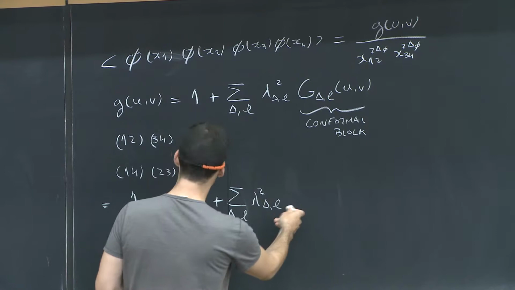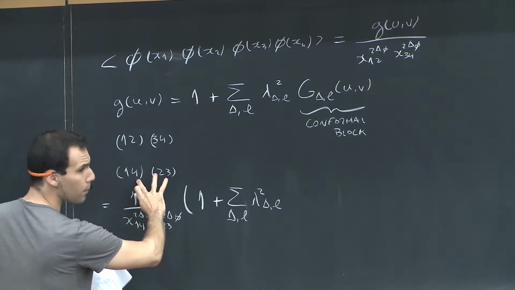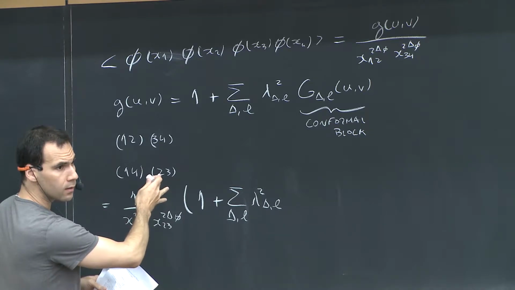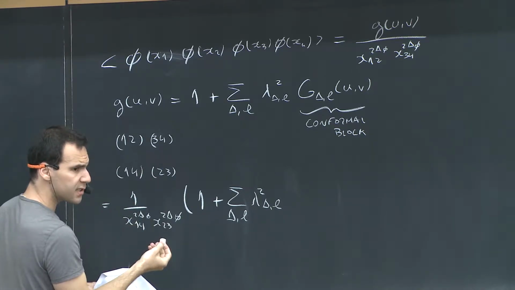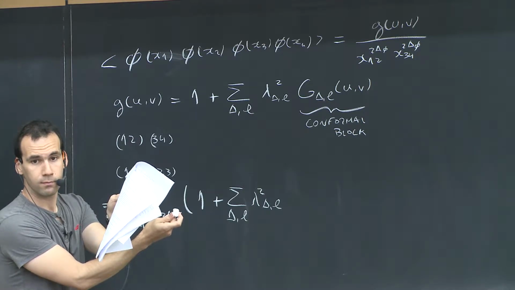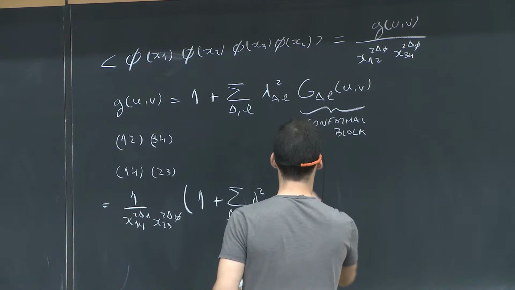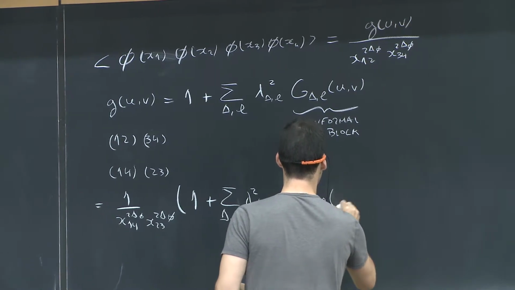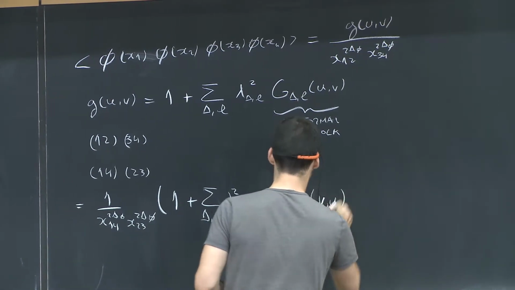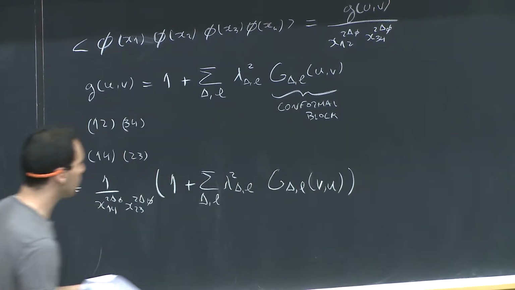And now the conformal blocks corresponding to this decomposition. And since you've swapped 2 with 4, then you can just check that when you do this, U gets exchanged with V. Okay? So you just get G delta L of V, U. Okay?